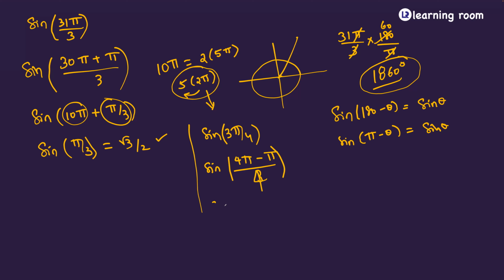So I'll get sine of pi minus pi by 4. Pi is 180. Pi by 2 is 90. Pi by 4 is 45 degrees. So which quadrant is it?